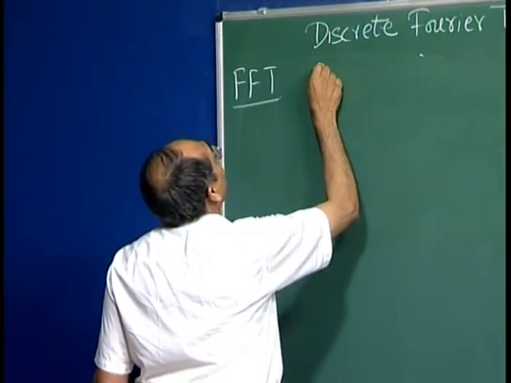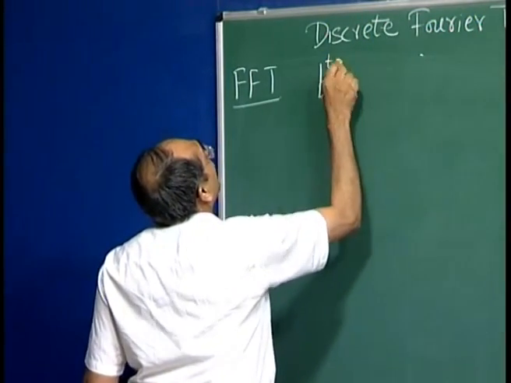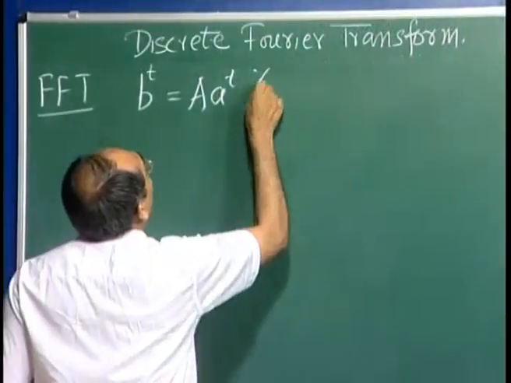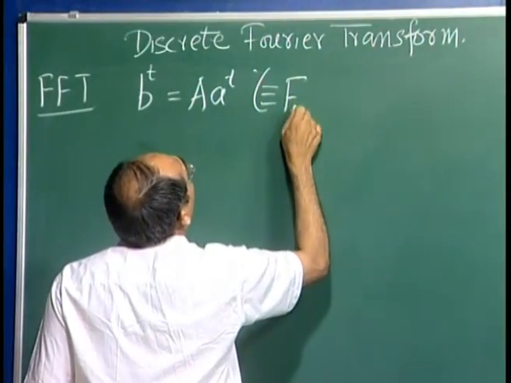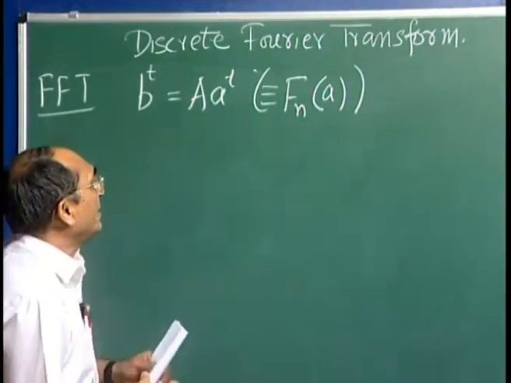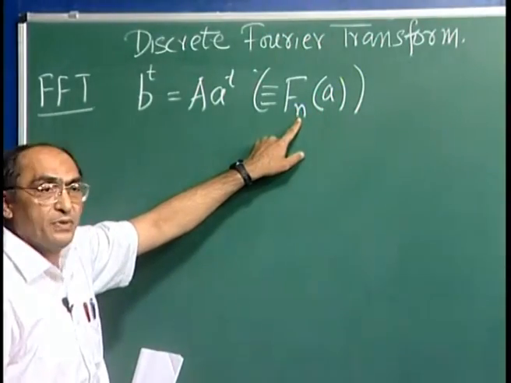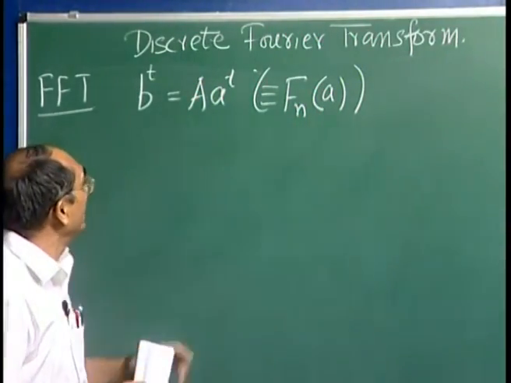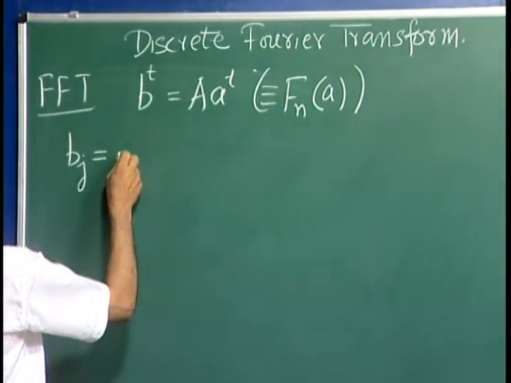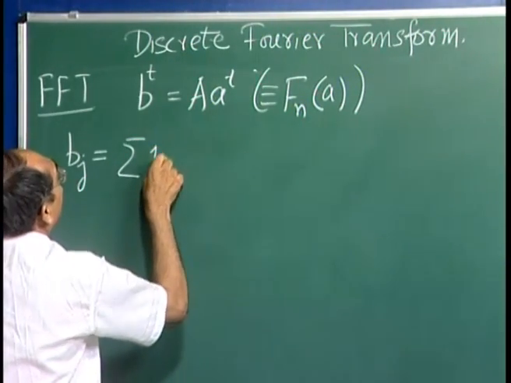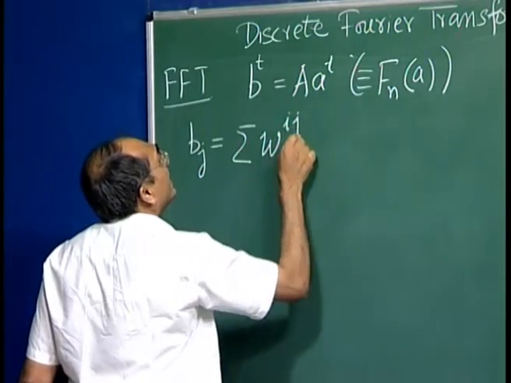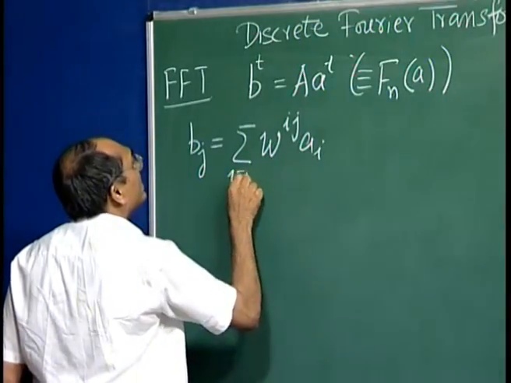Let us suppose we have b, which is the Fourier transform of a. From now onwards I will just use this symbol to denote the discrete Fourier transform of vectors of size n components. So we have b_j equal to the sum of w^(ij) a_i, where i goes from 0 to n minus 1.